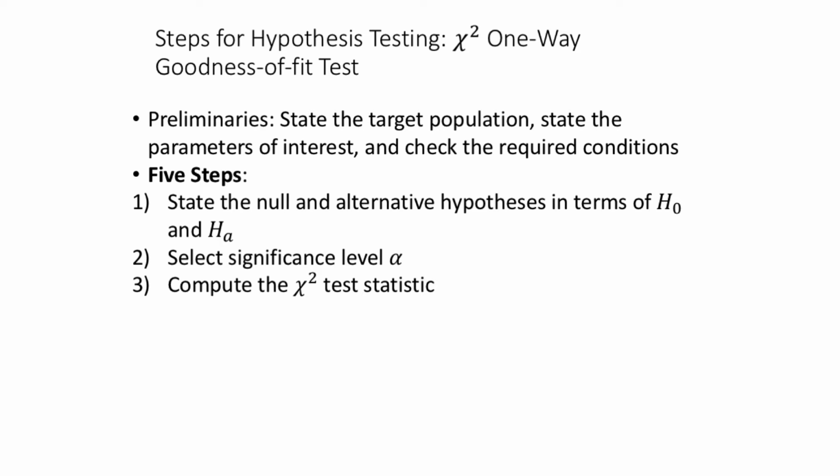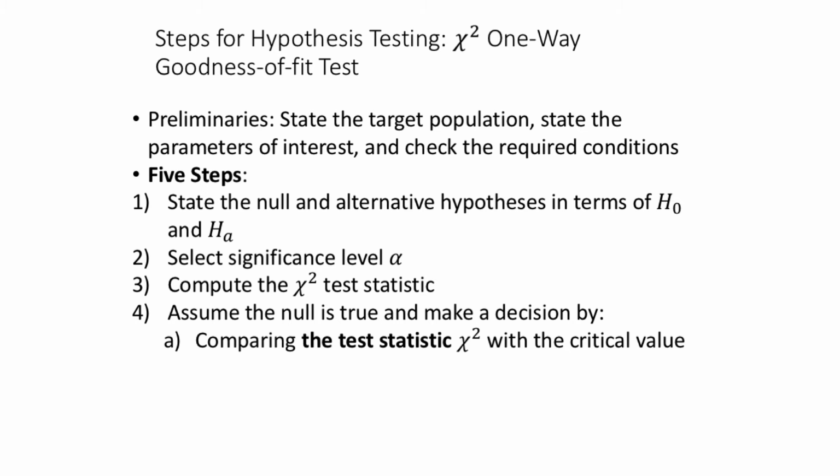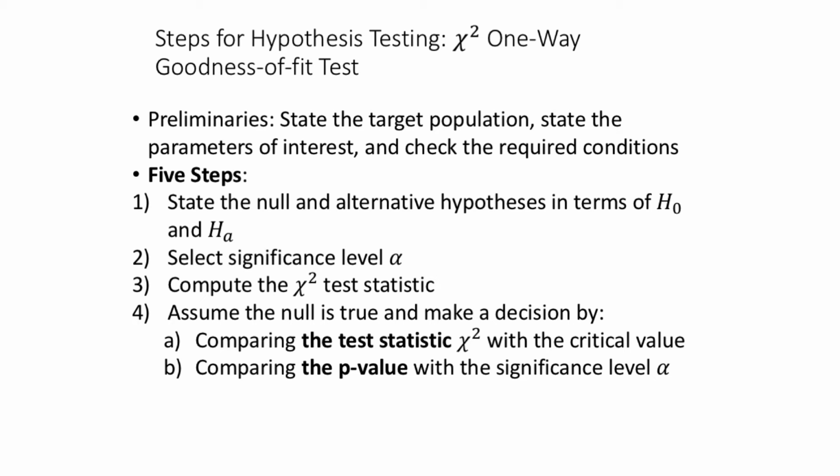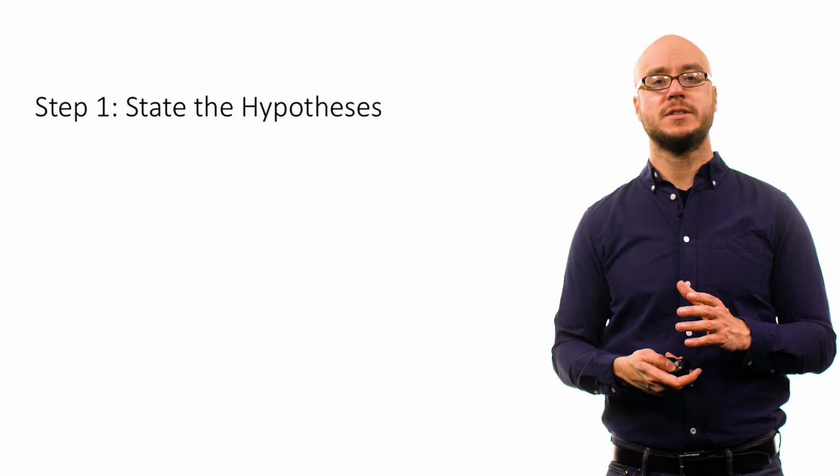However, I do think it is important that you calculate it just so you understand the mechanics. The mechanics are really quite simple once you go through a few calculations. For step 4, you assume the null is true, as usual, and then you make a decision. You compare the chi-square test statistic with some critical value, or you can compare the probability or p-value with the significance level alpha. And then finally, you can state your conclusion.